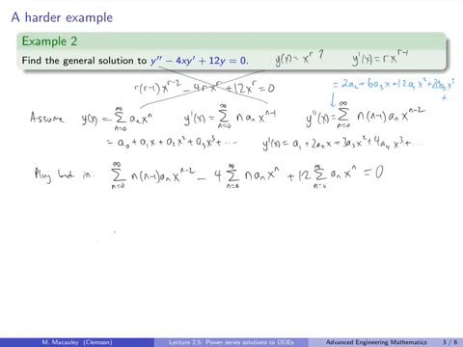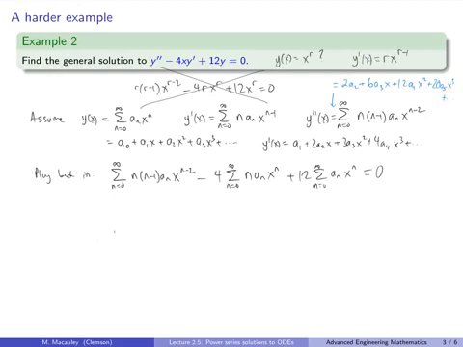Now, what's a formula for this? This coefficient is 2 times 1. This is 3 times 2. This is 4 times 3. This is 5 times 4. So we should be able to write a formula for this, not going from x^(n-2), but just from the 0th power up, as a power series.